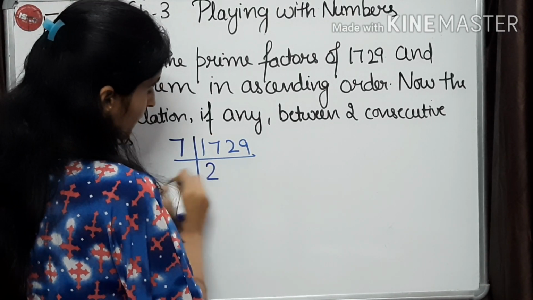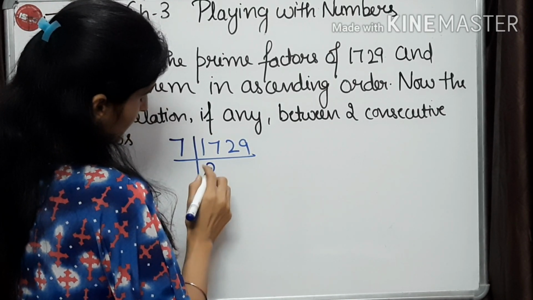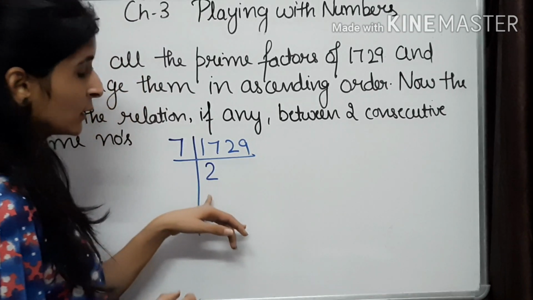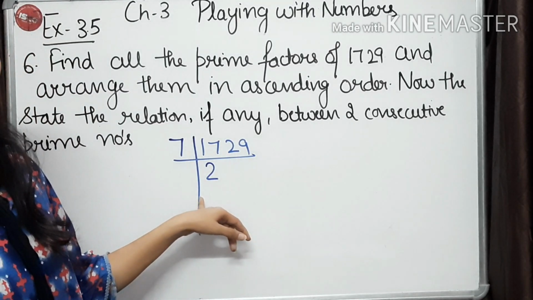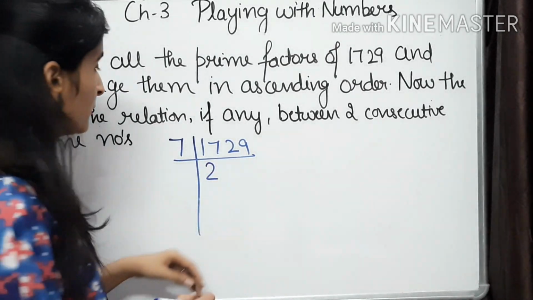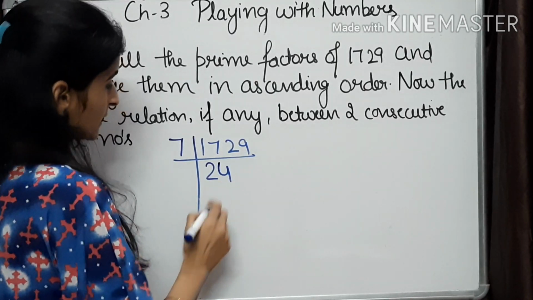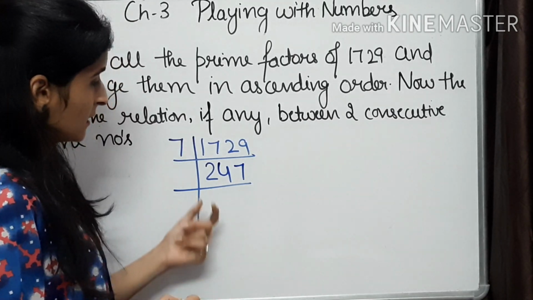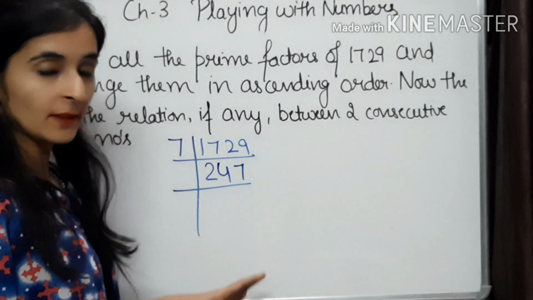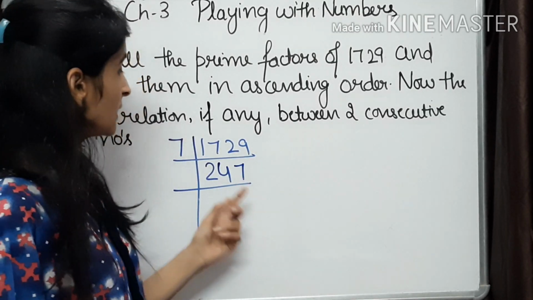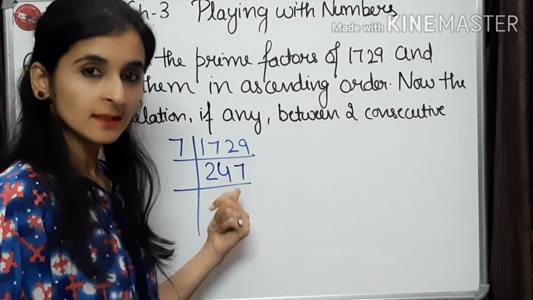7 2s are 14, and 7 2s are 14, and after that 7 minus 4 is 3, 7 4s are 28 and then 7 7s are 49. Okay, what we have done: 1729 was there and it is divisible by 7.